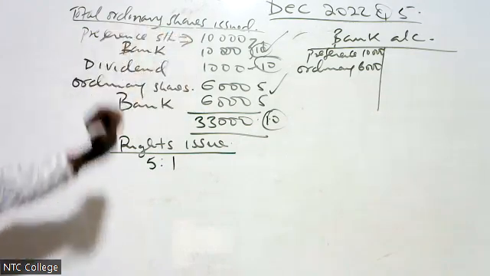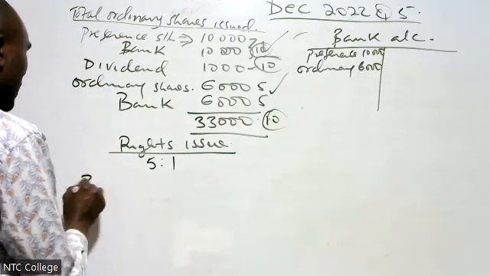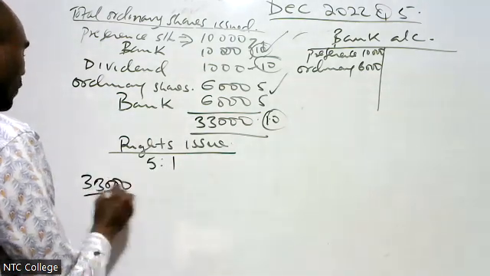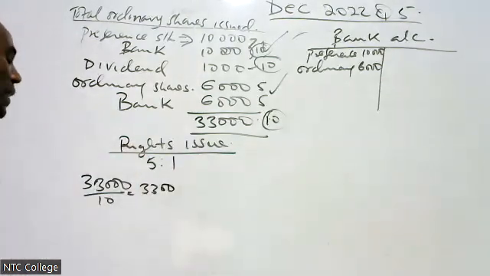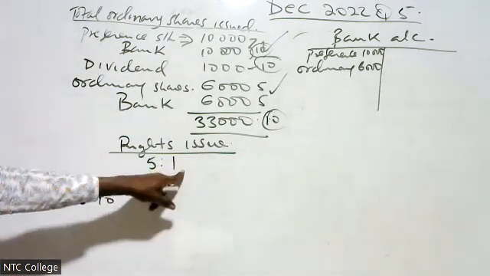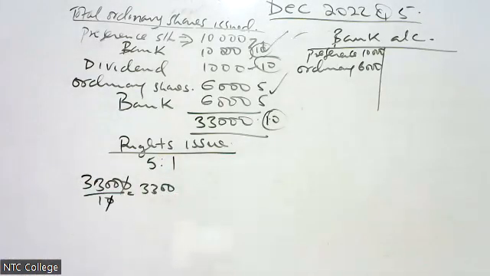What about 33,000 divided by 10, which is 3,300 shares? If you have 5 shares, I give you 1. I have divided by 10 because the par value is 10.